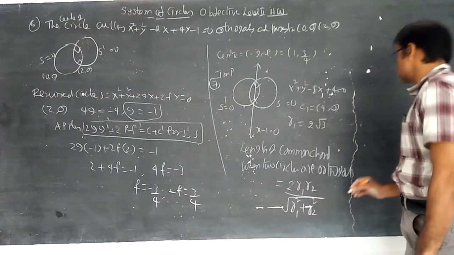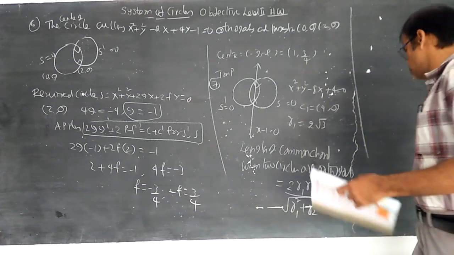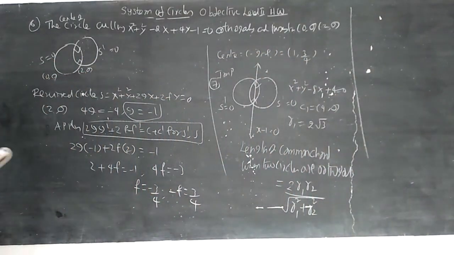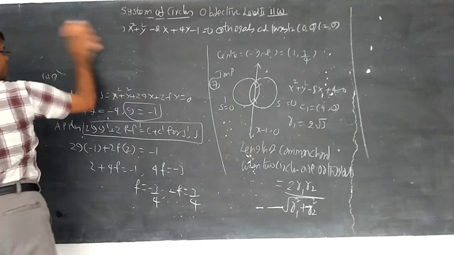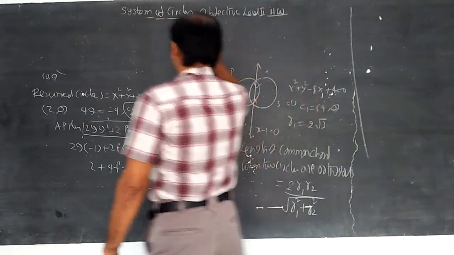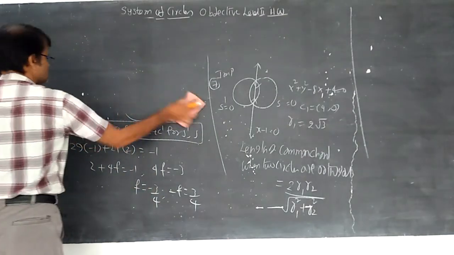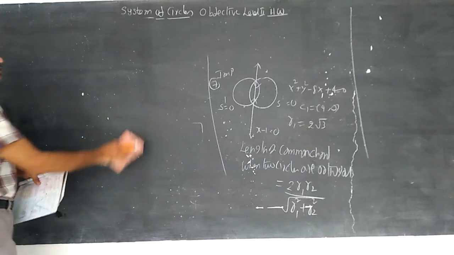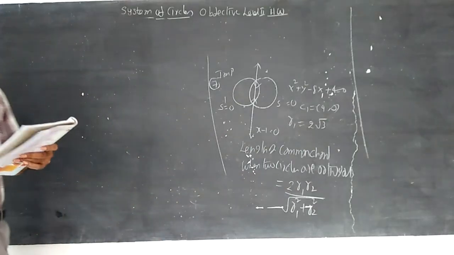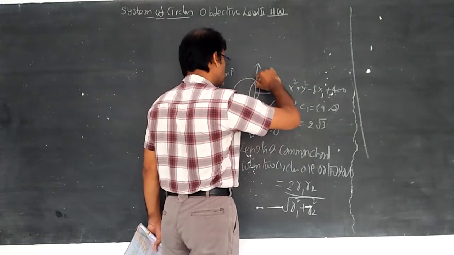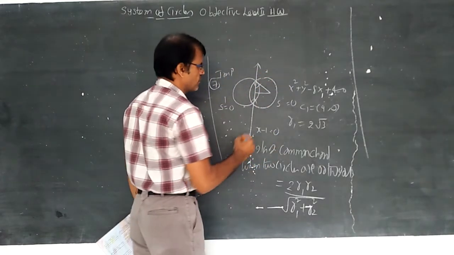Proof also we discussed. So r1 we know, r2 we need. R2 only we should calculate. X is equal to 1 is the common chord here. So let us calculate the length of common chord using this formula.